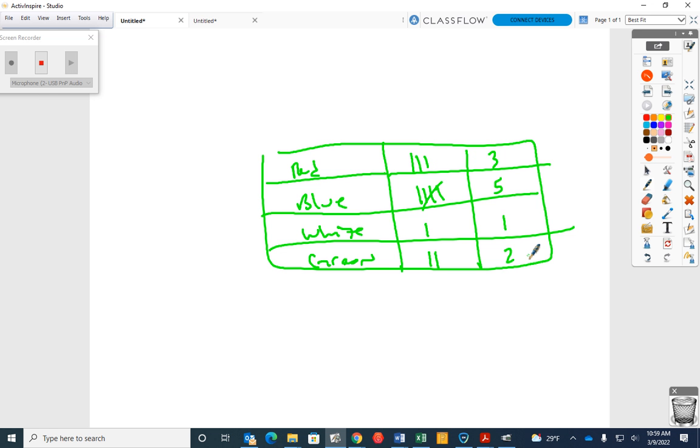You're looking at what is trying to be displayed. If it's all numbers, you might want to use a stem and leaf plot. If it was all intervals, what are you going to use? A histogram. If you are comparing specific items, what might be a good one? A bar graph, something like that.